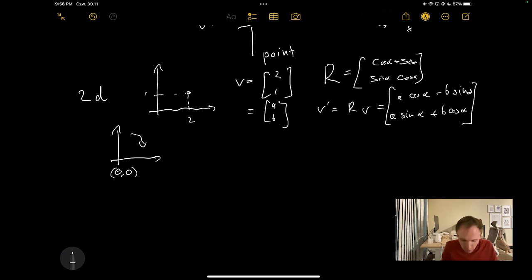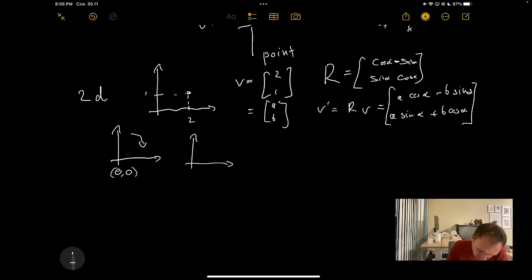So there's only one degree of freedom. We could be rotating by positive alpha or negative alpha, but that's it. There's only so much we can do. There's no two ways to rotate a point, this is to rotate the coordinate system.